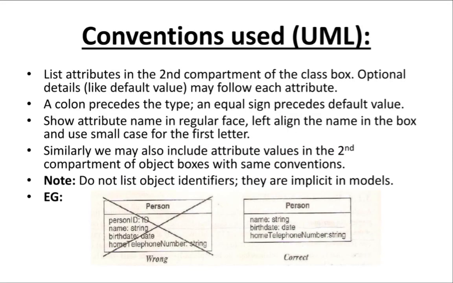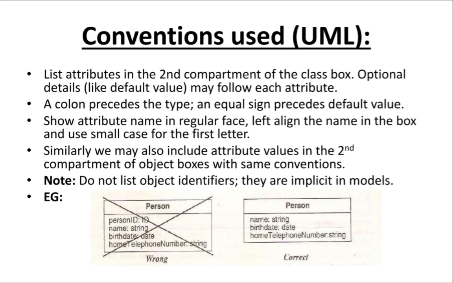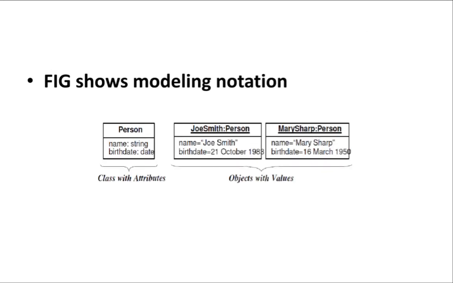And the attribute name should be in the regular face. Whatever the attribute name is, it's in the regular font, left aligned, and use small case for the first letter of the name in the box.